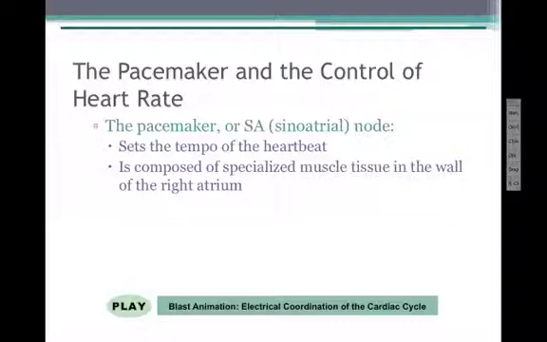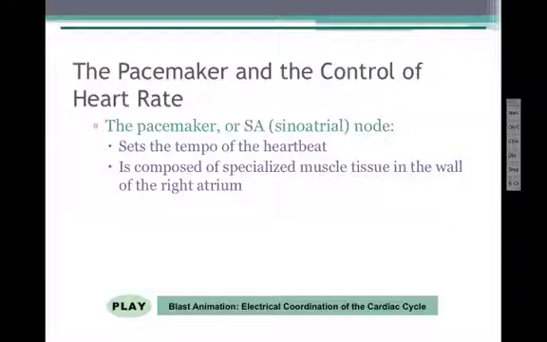Now, the heart is obviously controlled in part by the brain, but the heart has its own pacemaker. And that is so important for the heart to control itself. If the heart is taken out of the body and you hold it in your hand, it continues to beat without the brain's influence.